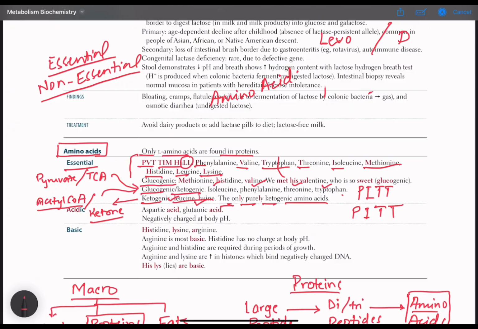They are the mix, while the remaining ones are glucogenic, like methionine, histidine, and valine. The mnemonic is: we met his Valentine who is so sweet. Sweet is for glucogenic. So M for methionine, histidine, and valine.